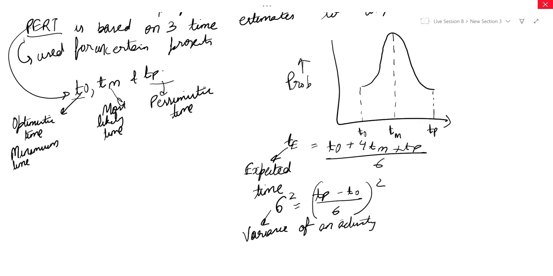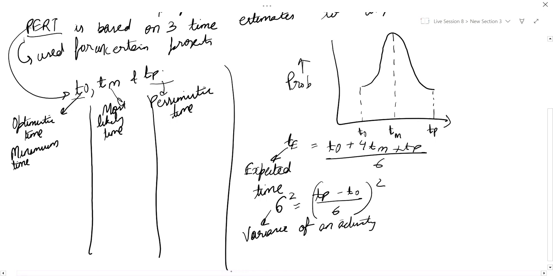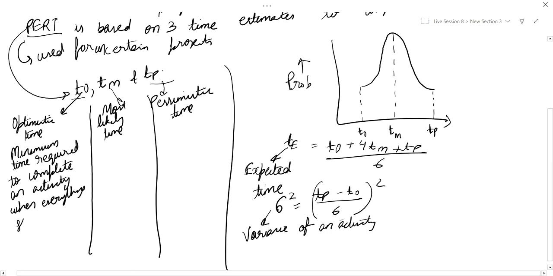Minimum time required to complete an activity when everything goes according to the plan.